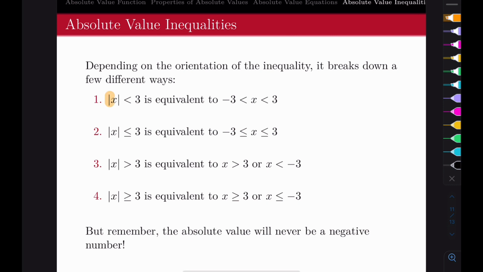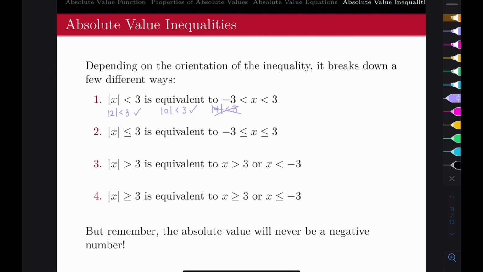So let's work with the absolute value being less than some constant, okay? In this case, think in your head about numbers that would work. If I plug in 2, the absolute value of 2 is definitely less than 3. If I plug 0, the absolute value of 0 is definitely less than 3. If I try to plug 4 in, this is where I run into a problem.